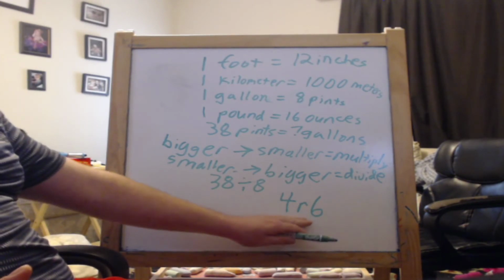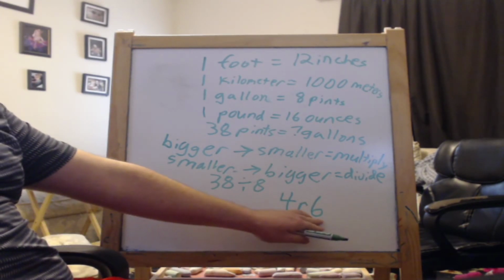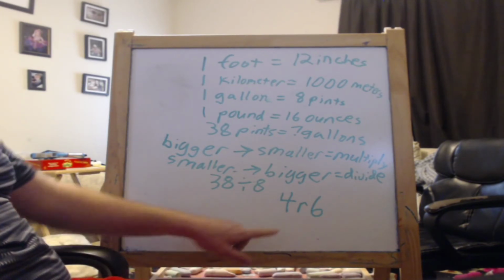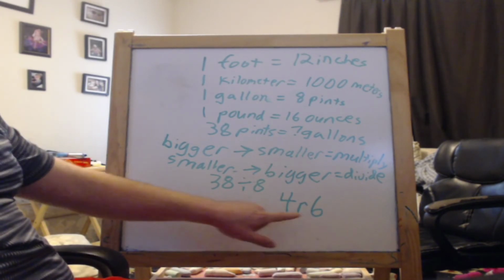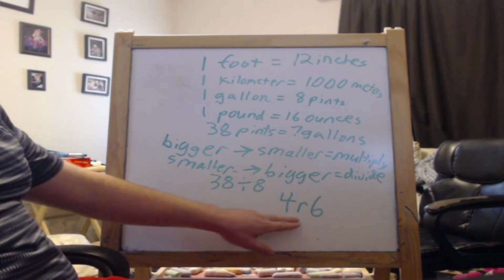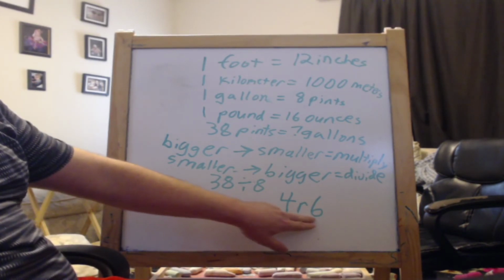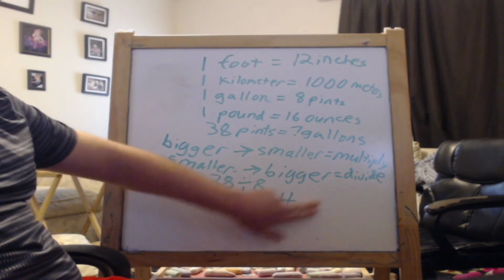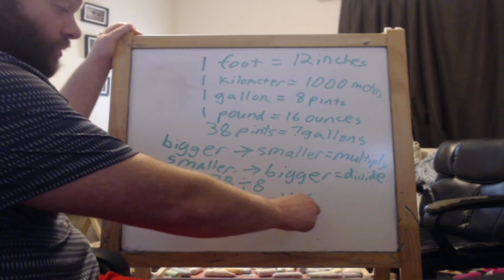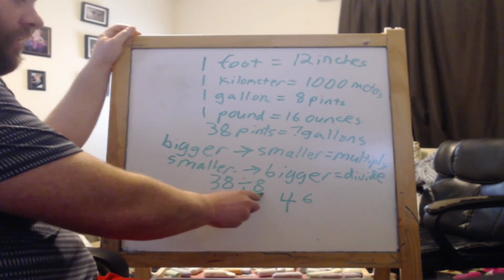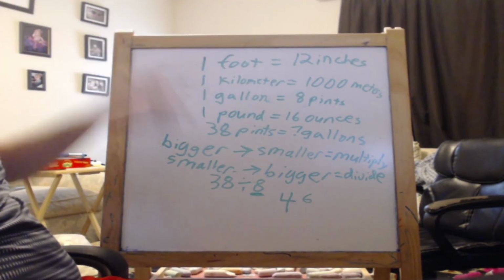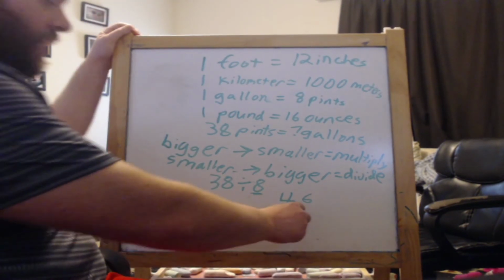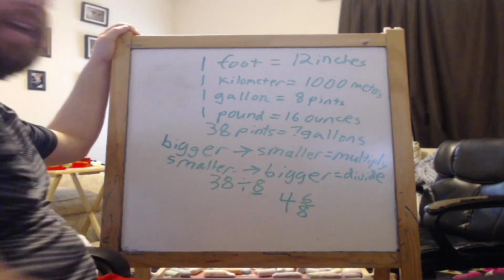What we need to do is convert this into a fraction. How you convert remainders into a fraction when you are dividing is you put the remainder as the numerator, so the remainder is 6, and then the denominator is what you divided by. So it is 4 6/8.